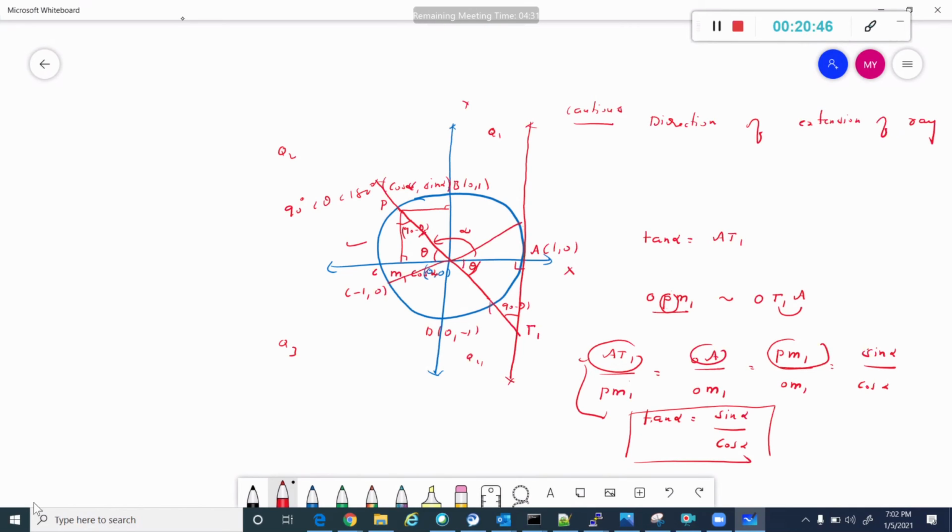If I extend this, the tan value of this angle will equal the tan of this angle. Now we will see how tan theta behaves in different quadrants. If you have doubts, please stop me. No doubt, sir.